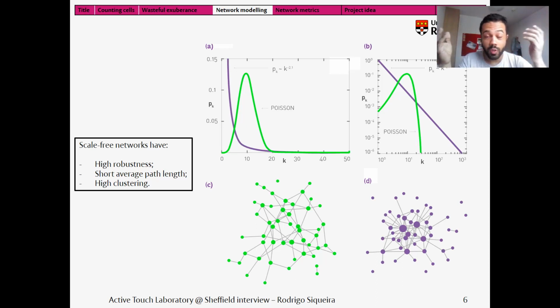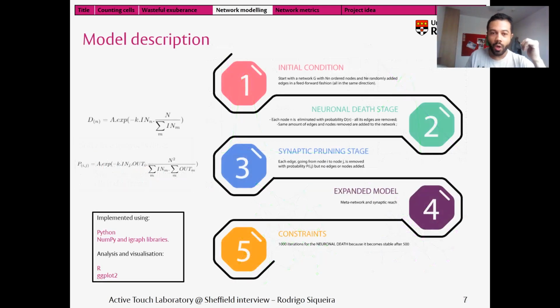So to test in a network way how the brain would be if those procedures happen in a way that we think would be plausible, like by selection of the best connected neurons, keeping them alive and keeping their synapses, we came up with this model where we generate a network of neurons and we distribute connections randomly, and we run a neuronal death stage where the less connected neurons are just ripped off the network using the formula you can see over there for DN.